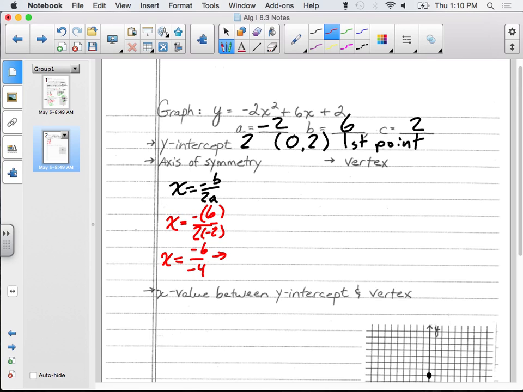Yes, Ricky? Couldn't that be simplified to 3 over 2? It sure could. So x equals 3 over 2. Another way we could write that, 1.5, and what's one more? 1 and 1/2. Any of those would be fine.